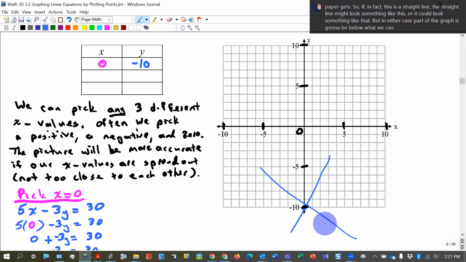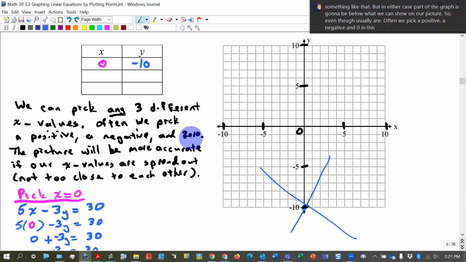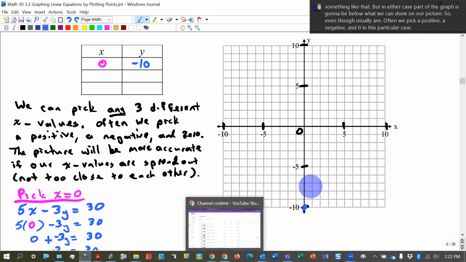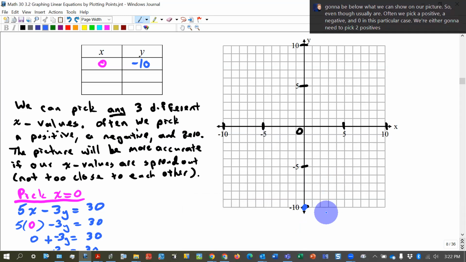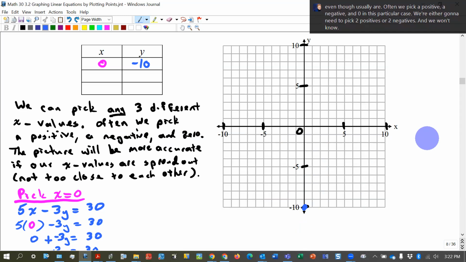what we can show on our picture. So even though usually or often we pick a positive, a negative, and 0, in this particular case, we're either going to need to pick 2 positives or 2 negatives, and we won't know until we do.